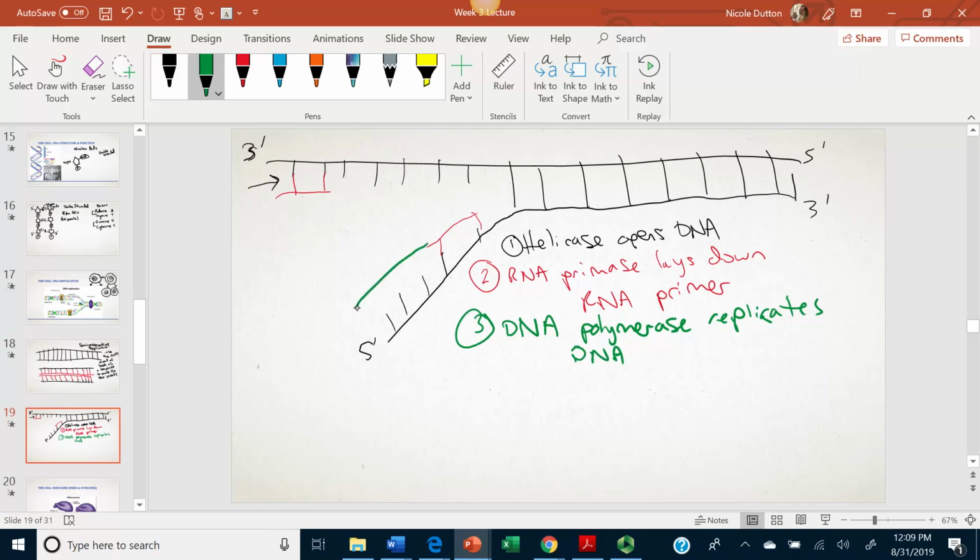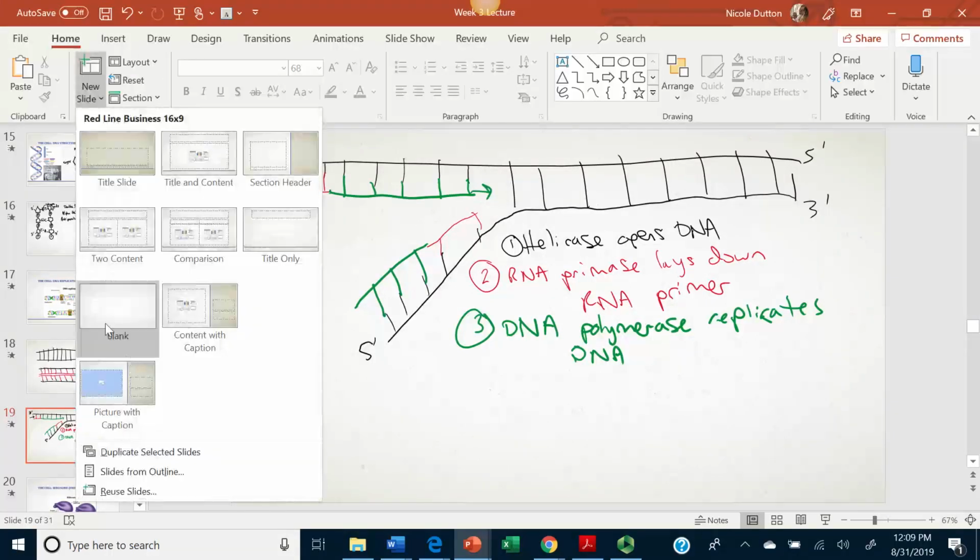So now we're going to lay down new DNA here. So that looks like a mess so far, but it's about to get worse before it gets better.